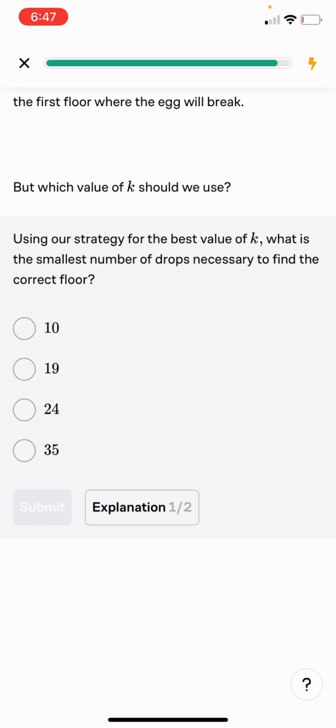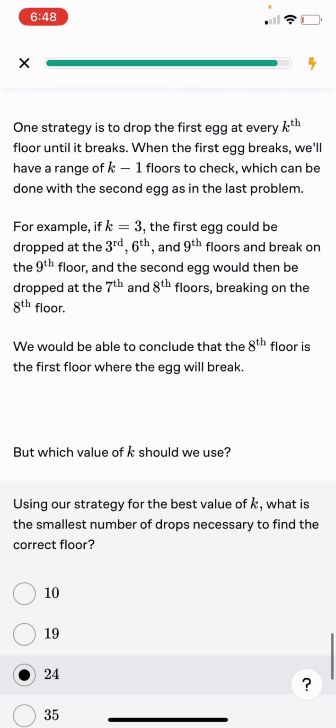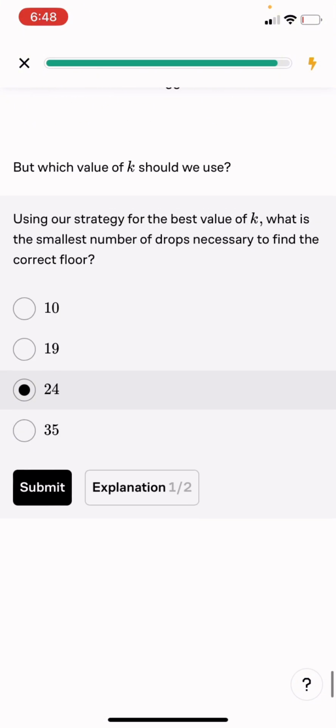So we have 2 eggs now. 100 floors. Smallest number. I feel like it'd be 24, but I also don't.